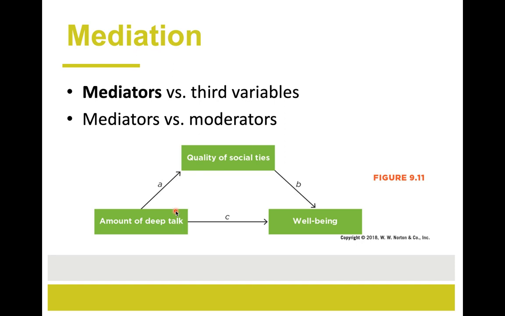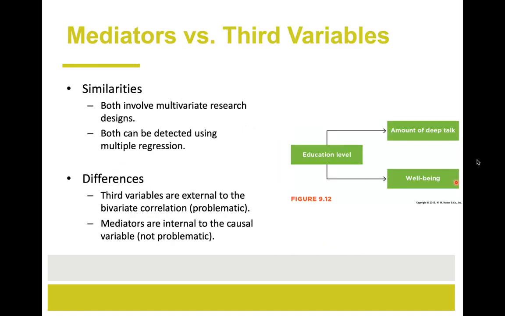So social ties is actually internal to this relationship. And so this gives us a really good understanding of what's causing what. This relationship is a third variable, which means that deep talk and well-being have nothing to do with each other. Their supposed relationship is just a figment of the fact that they're both related to education.